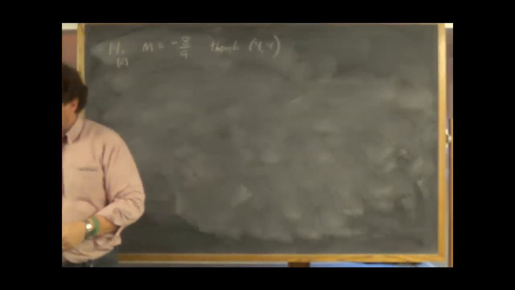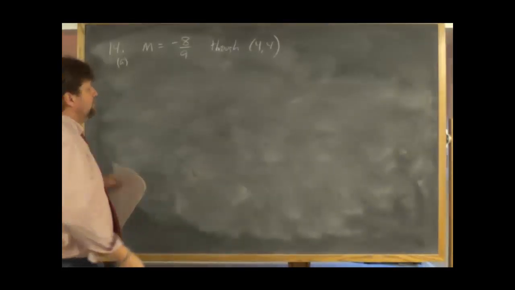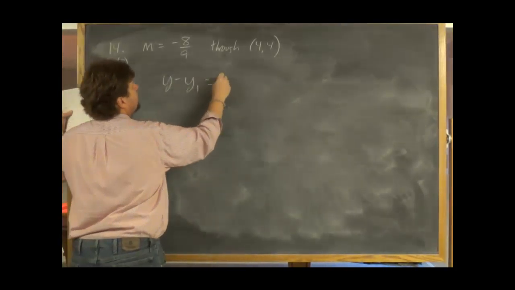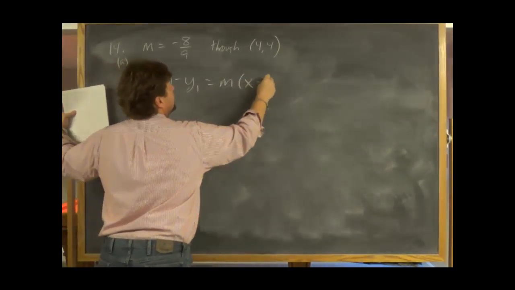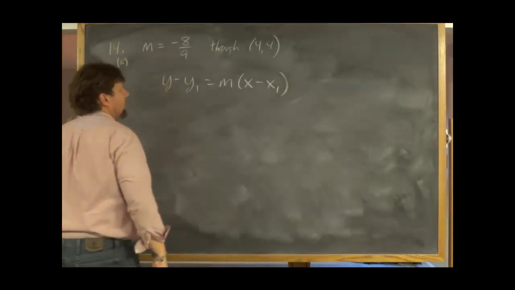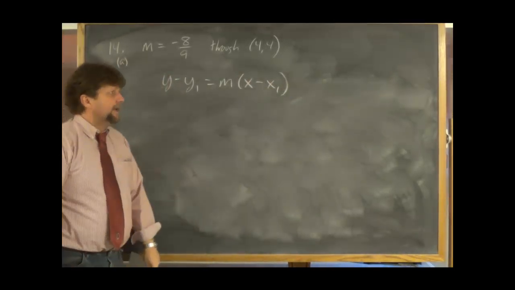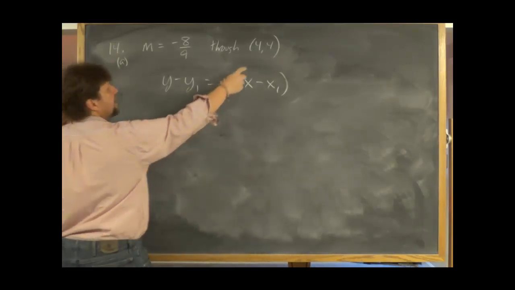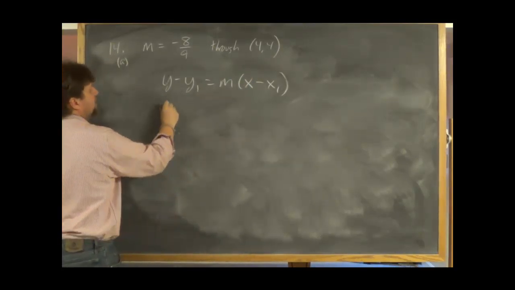So let's see here. Point-slope form. I suppose we need to remember that point-slope form is y minus y1 equals m times the quantity x minus x sub 1. And then just substitute in. Y sub 1 is 4.